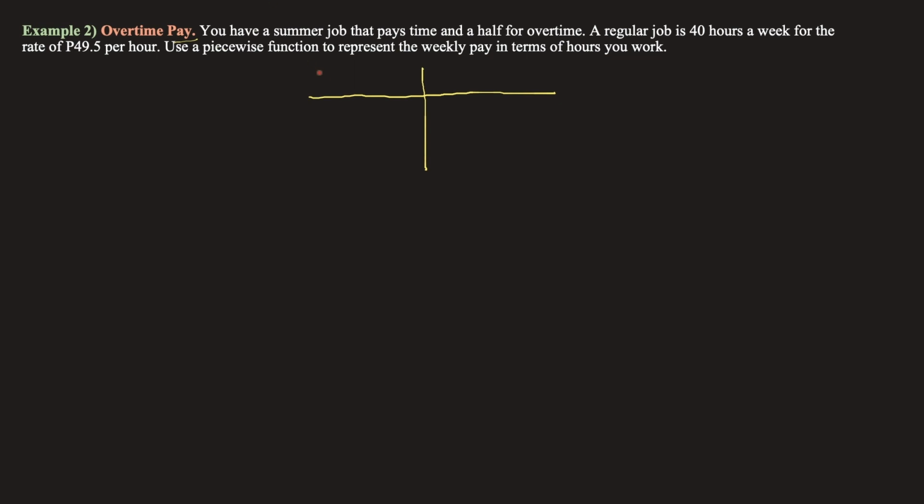In the first column, this represents our input. The second column represents our output. In this particular problem, our input is the number of hours you worked, or hours of work, and the output for this particular problem is your weekly pay or your weekly salary.